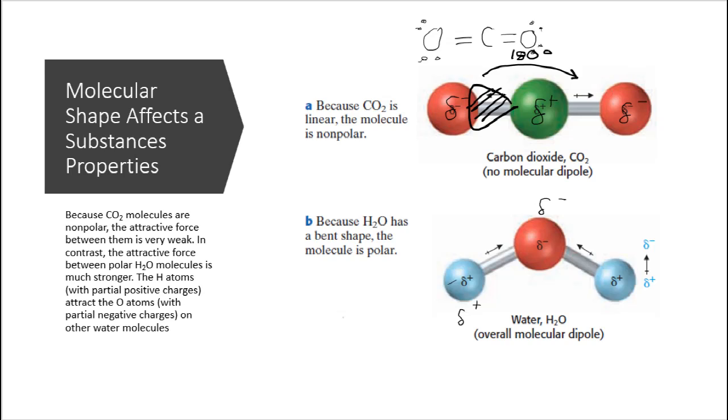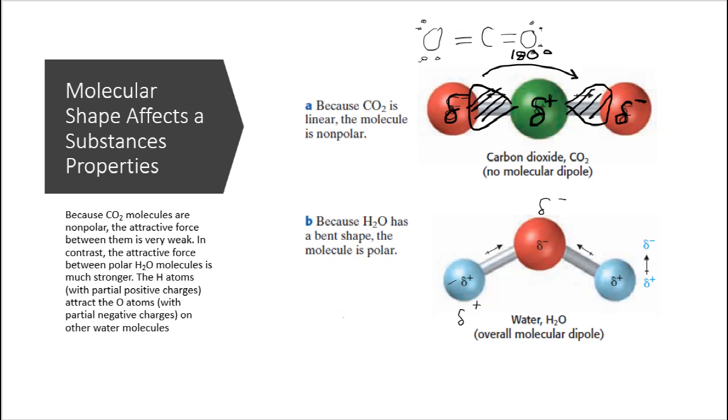These two bonding electrons are closer to the oxygen on that side, and the same thing happens on the other side. So that causes the center atom, the carbon, to be slightly positive, and the two oxygens on the ends are slightly negative. But it turns out that the pulls on these electrons are equal and opposite.